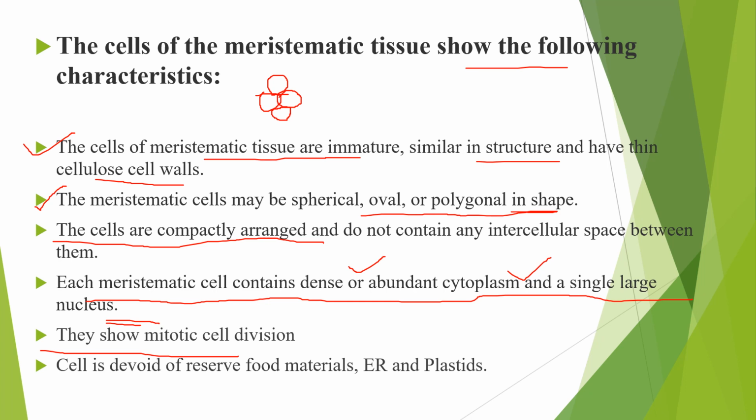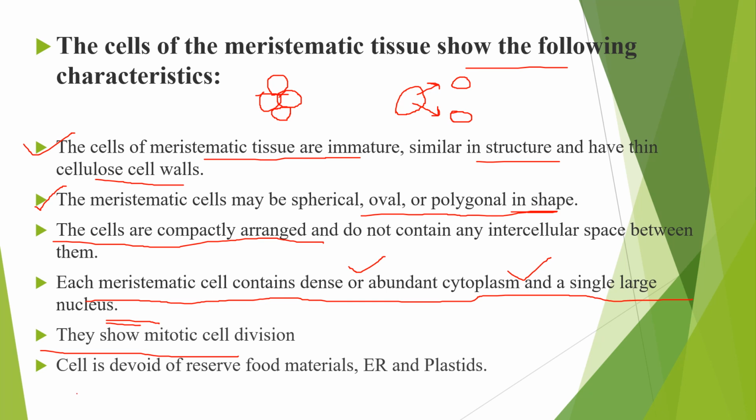Mitosis means equational division. Equational division means one diploid cell will give rise to two diploid cells, and both the cells have the same chromosome number as that of the mother cell. That means mother cell and daughter cell have the same chromosome number.